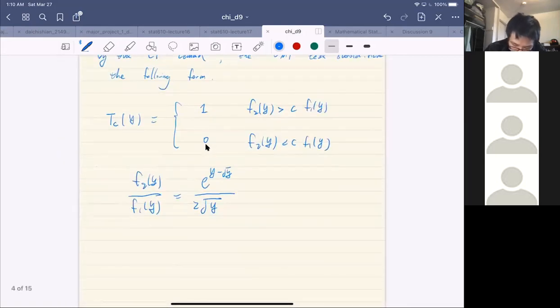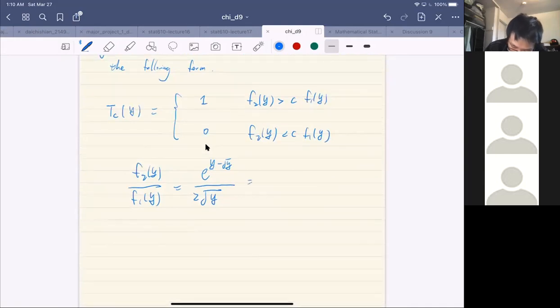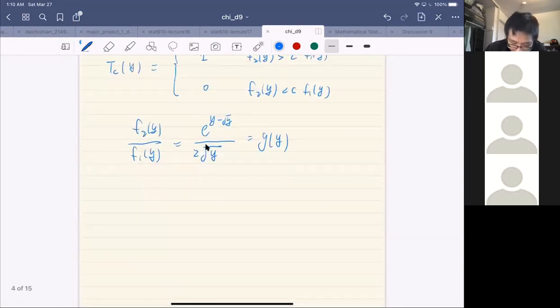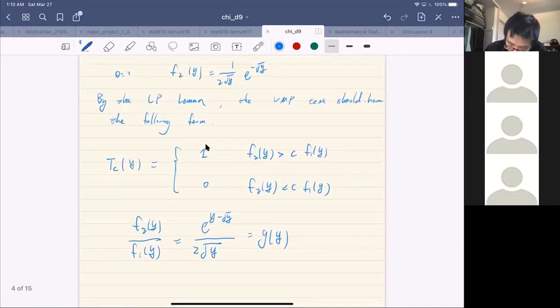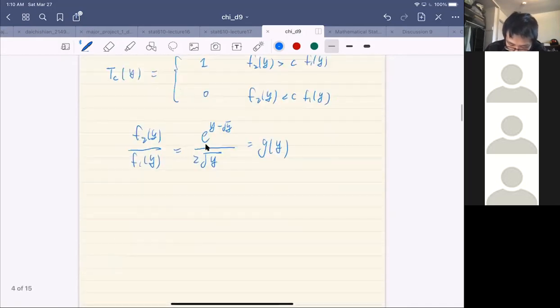And the problem is this function, let's say it's g(y), is not a monotone function. So that would be much harder to find C.